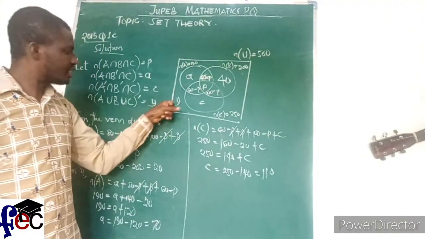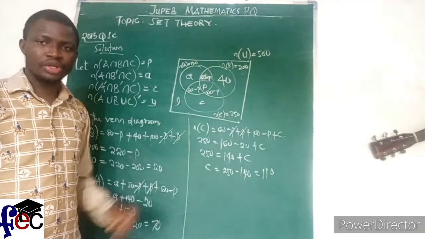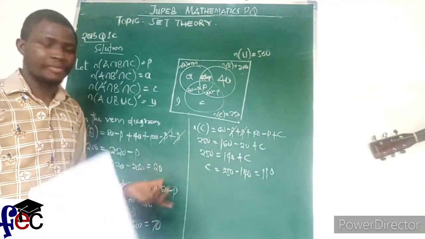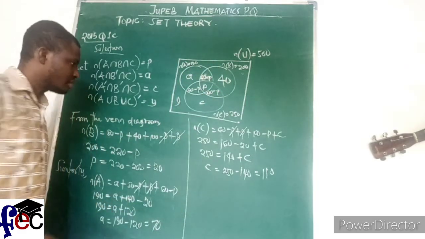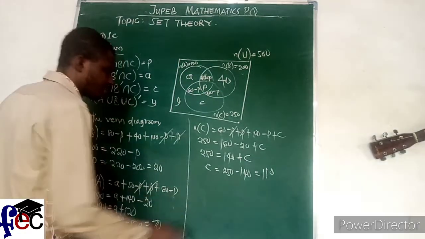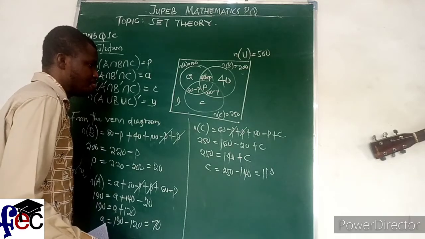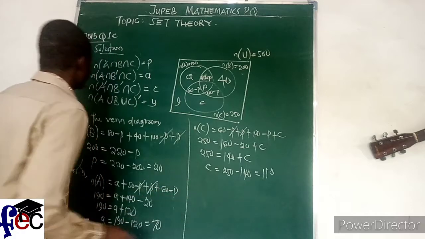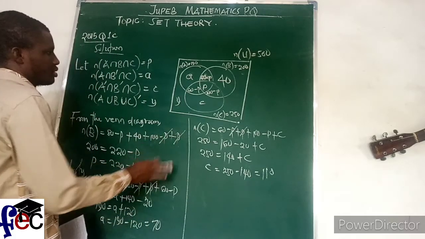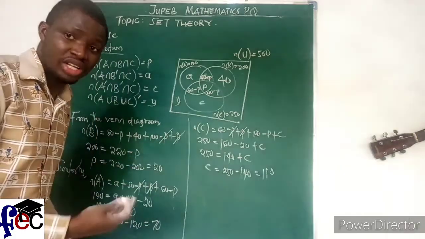Then the next thing is to get my Y, because that's what represents those that did not partake in the entire set. All right, so if I want to get that, don't forget, I'm struggling with my board now.